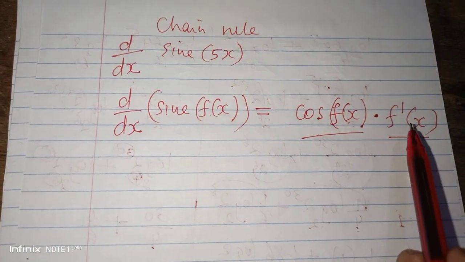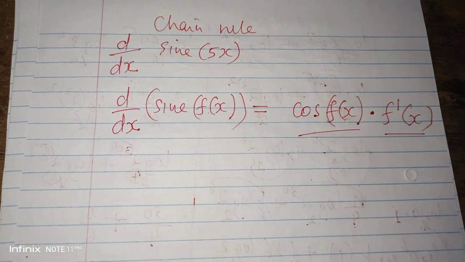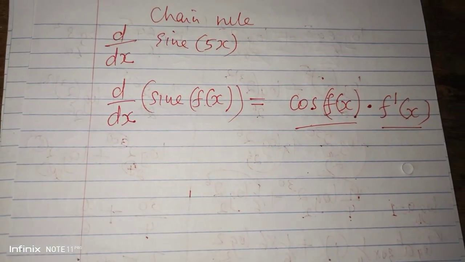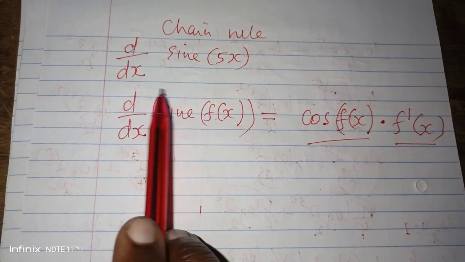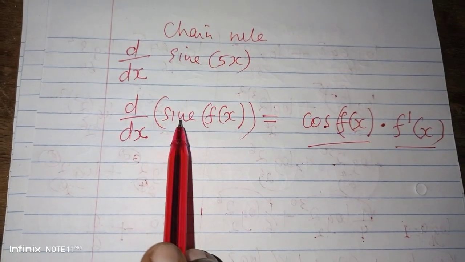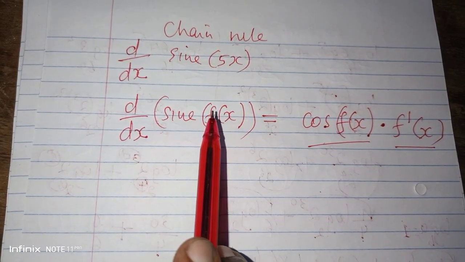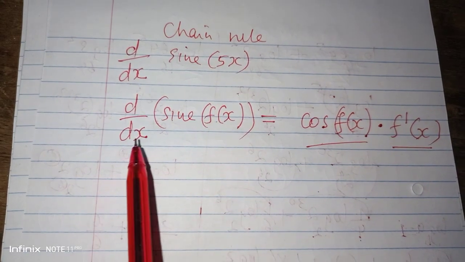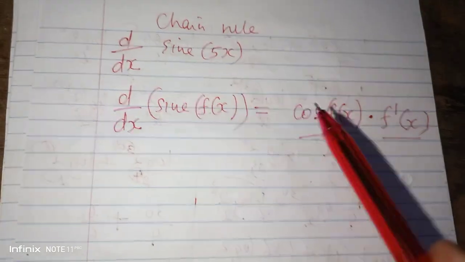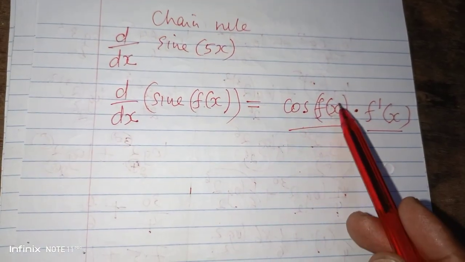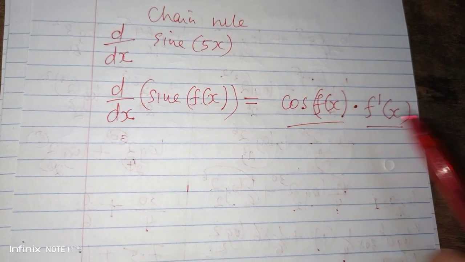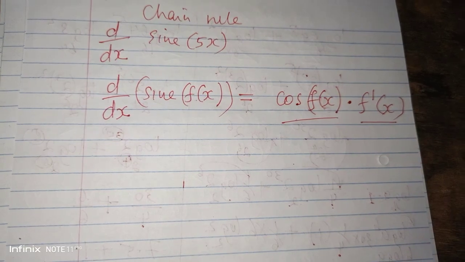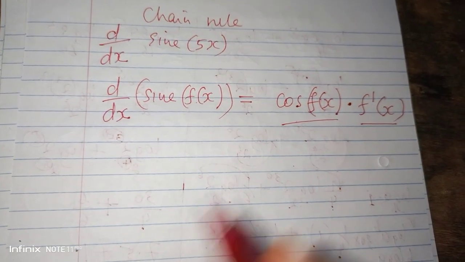So the derivative of the outer function and the derivative of the inner function are multiplied to get the resultant derivative of that function. So the derivative of sine of a function with respect to x is equivalent to the cosine of the function with respect to x multiplied by the derivative of that function with respect to x.